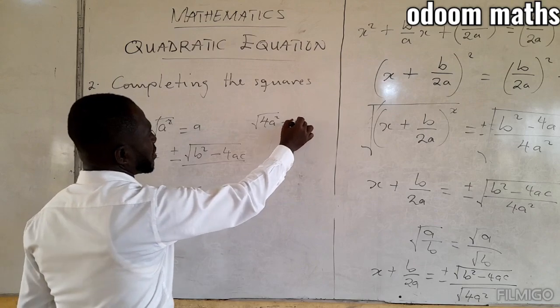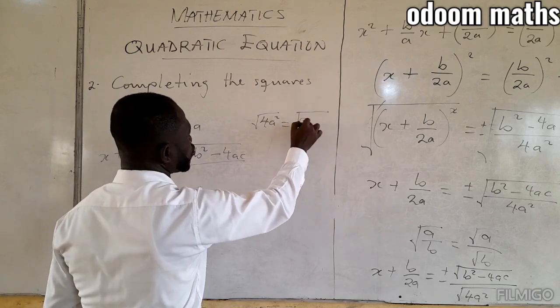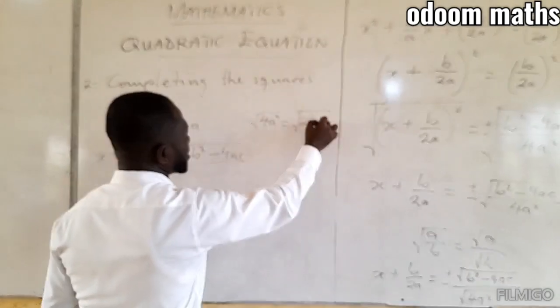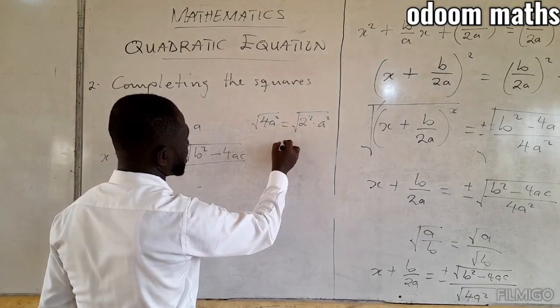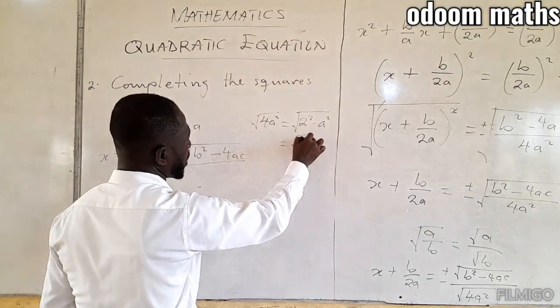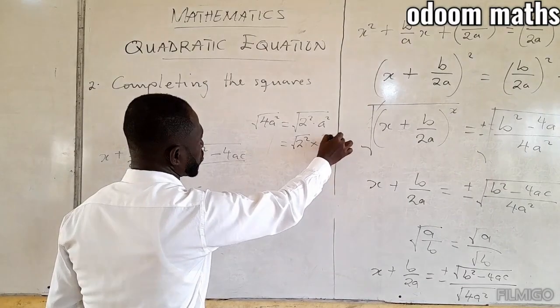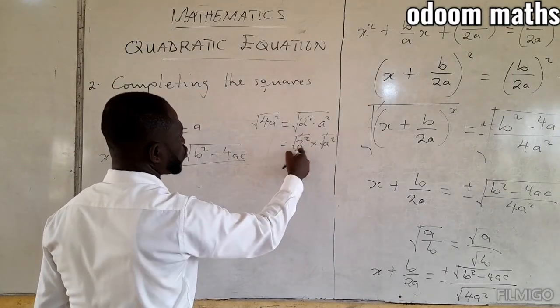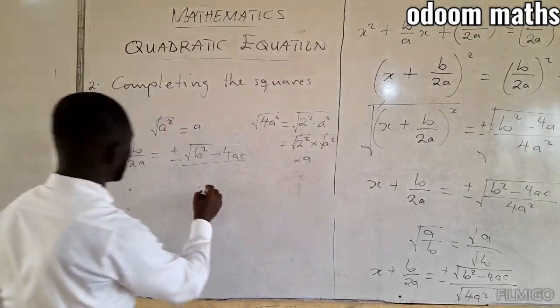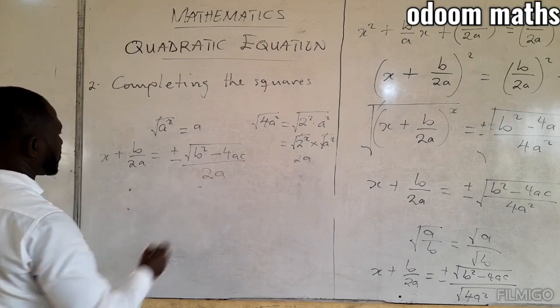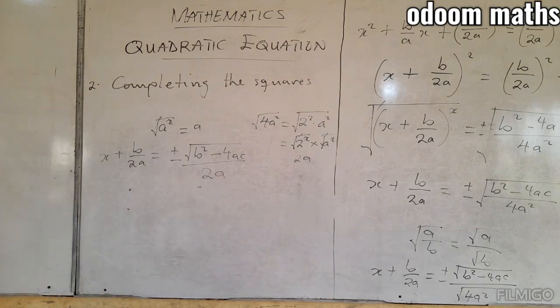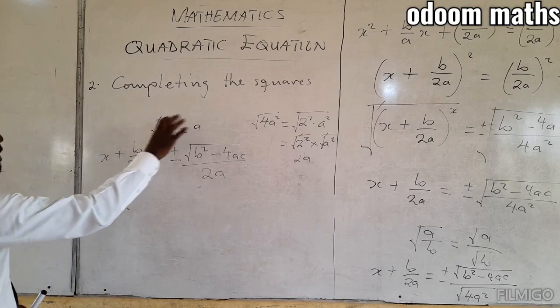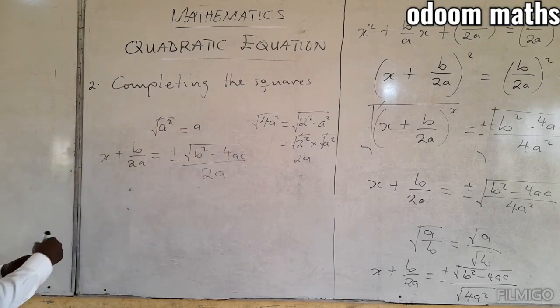It's like square root of 2 squared times a squared. And this can be root of 2 squared times root of a squared. So that is going to give us 2a. So here is now 2a. Okay, 2a.